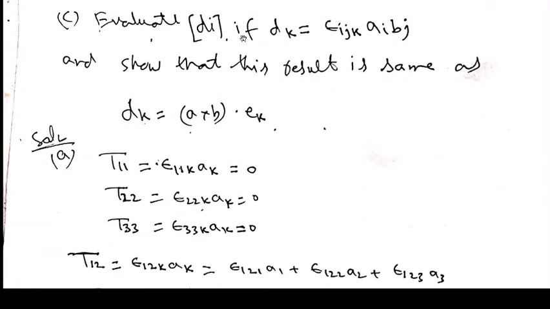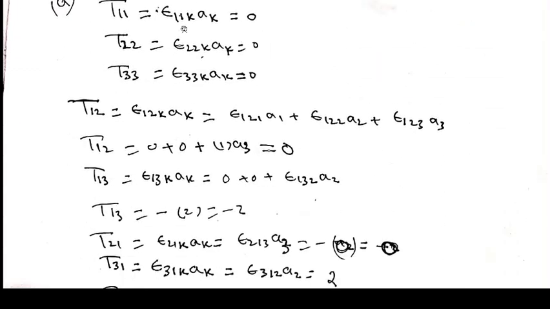So it would have 9 components. T11 will be equal to epsilon 11k Ak. Now you will expand the k. By expanding the k, you will have all terms 0, because you will have repetition. You can see that 11 is repeating, so 0, 22 is repeating, 0, 33 is repeating, 0, so no need to expand k.